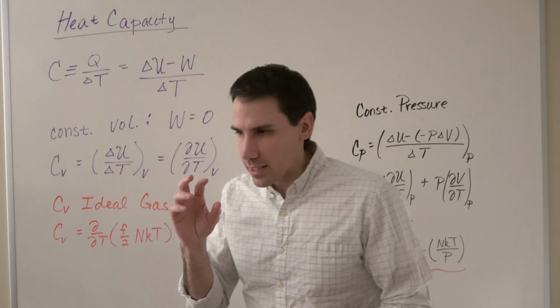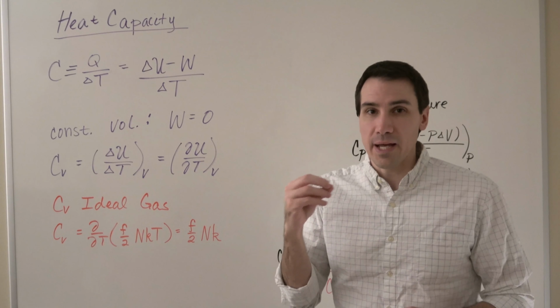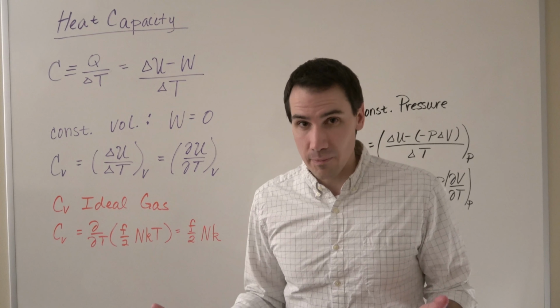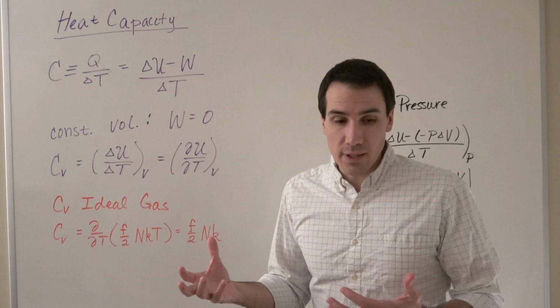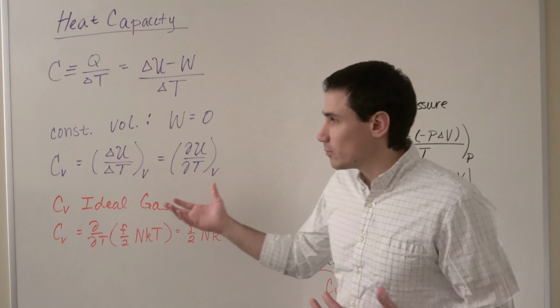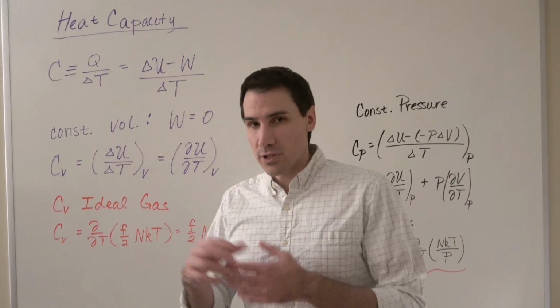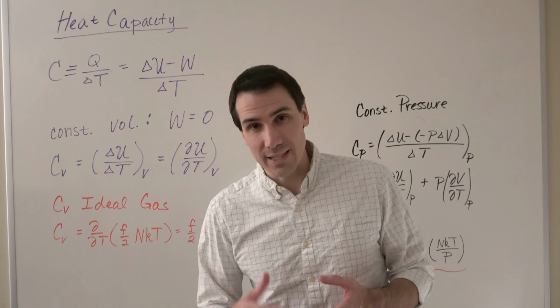Now, the heat capacity of a substance depends on how you add that heat into the system. There are only two ways of doing this that we'll think about that are fairly simple. You could allow the volume or the pressure to change in arbitrary ways as you add this heat, and that would complicate your specific heat significantly.